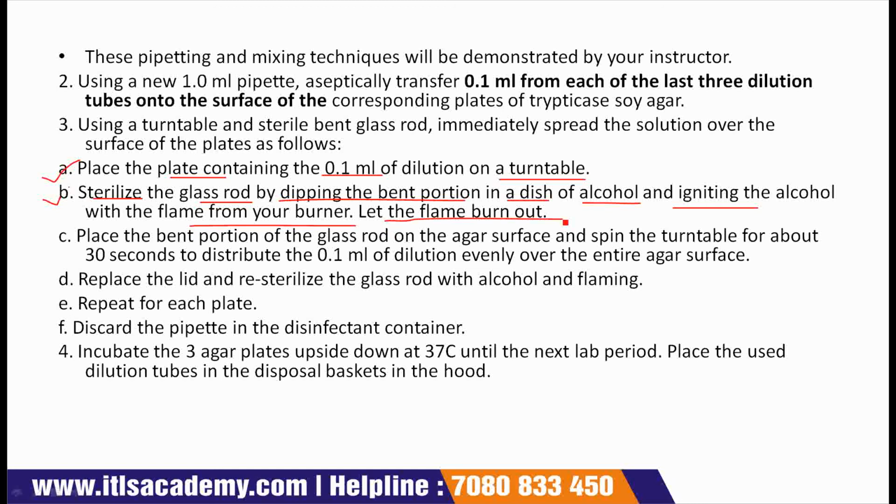Let the flame burn out. Point C is place the bent portion of the glass rod on the agar surface and spin the turntable for about 30 seconds to distribute the 0.1 ml of dilution evenly over the entire agar surface.